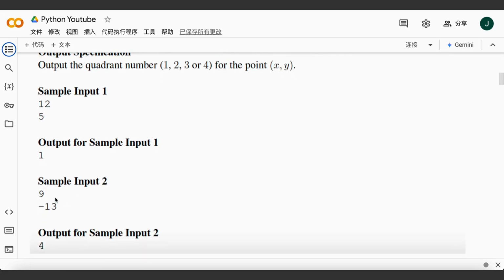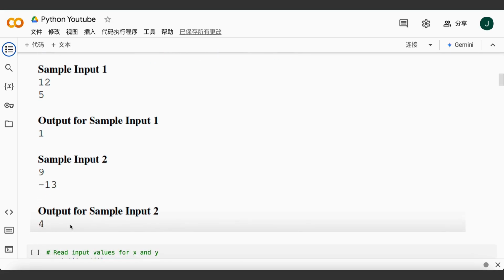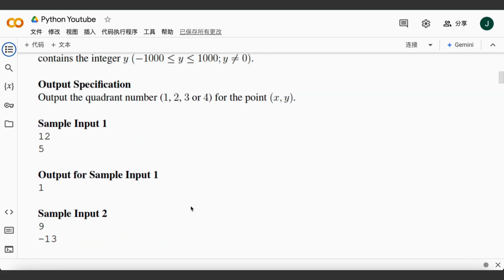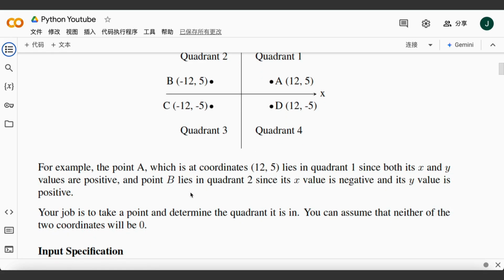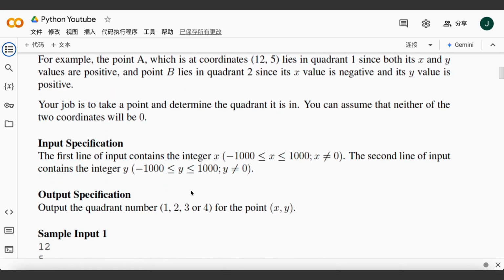Again, x is 9, y is minus 13, the output is 2, right? So it's very easy. I'm going to pause here for a few seconds and let you think of the solution by yourself first, and then we can take a quick look at what I've provided.